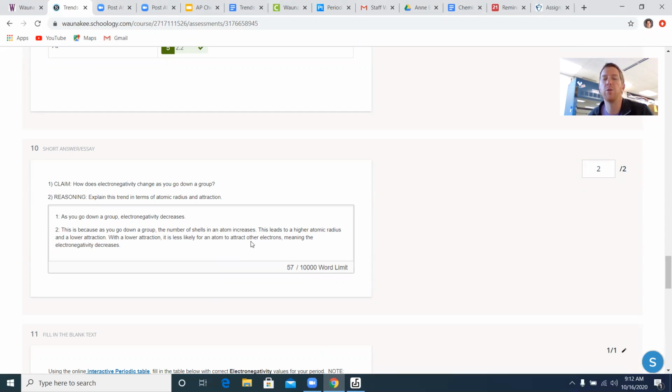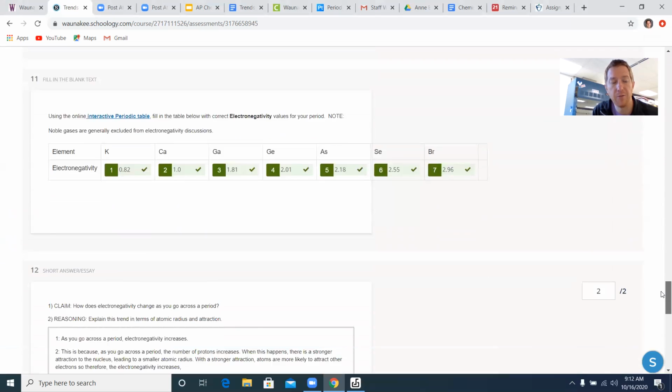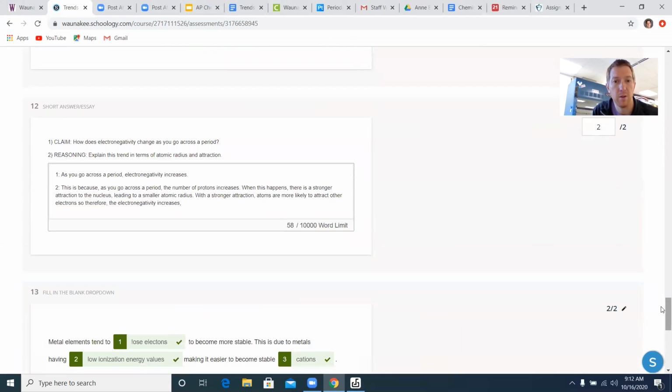But if you did not differentiate between attraction to your own electrons and attraction to other electrons, we can't give you full credit. So that holds true for number 10 and for number 12. Likely to attract other electrons because electronegativity increases as you go left to right across the periodic table.